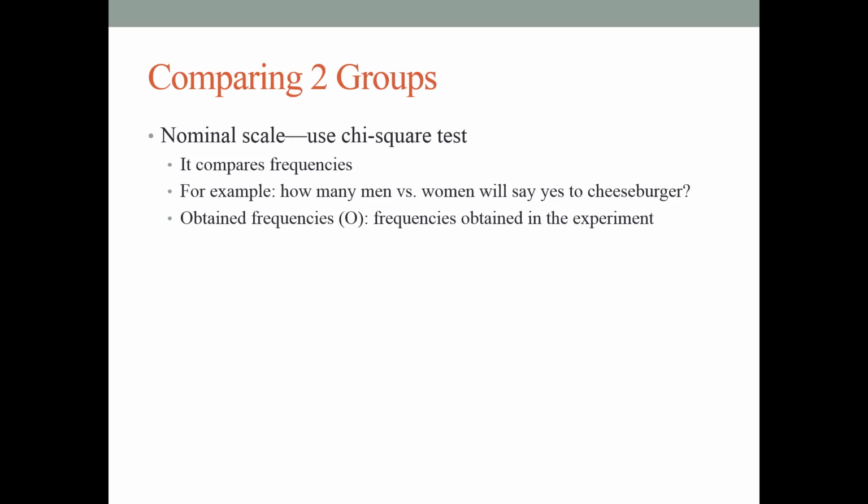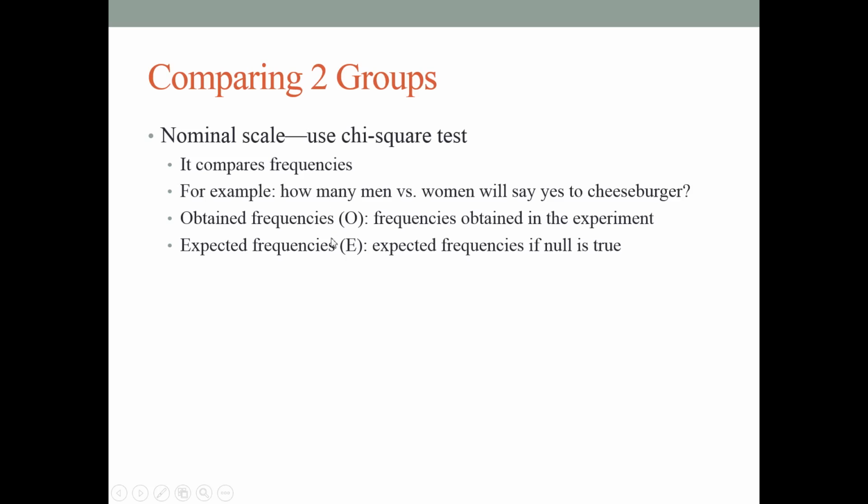The frequency obtained in the experiment is O. And then you also have the expected frequencies, that is E. If the null is true, what do you expect to find in terms of frequency? So, for example, you ask 10 men and 10 women how they will say yes to cheeseburger.